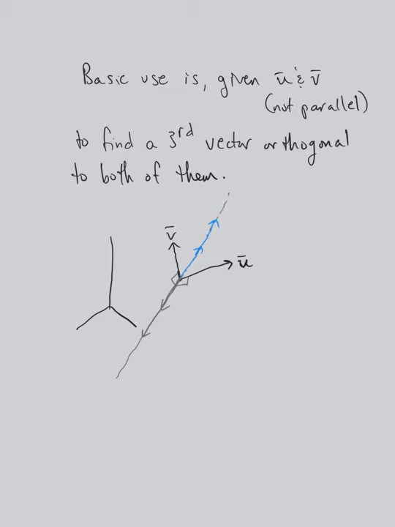Then we also need to specify how big that cross product vector is going to be, i.e., we need its direction, just like with all vectors, and its magnitude. So when we first see the definition of the cross product, that's what it's going to involve. We're going to see a coordinate-free definition that gives the direction and the magnitude.